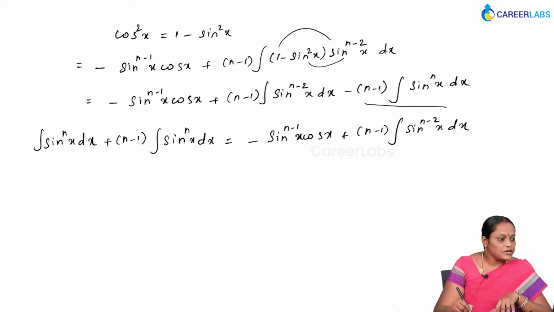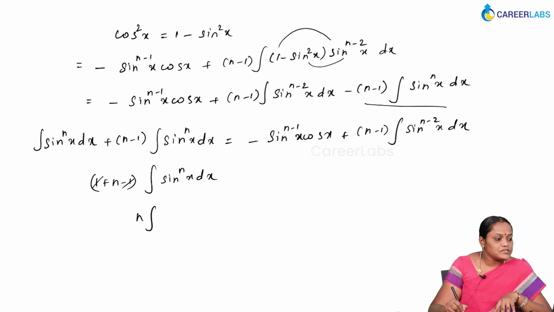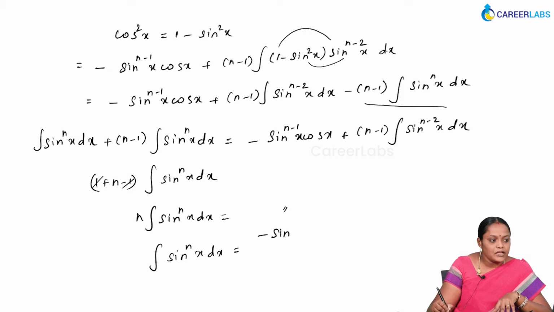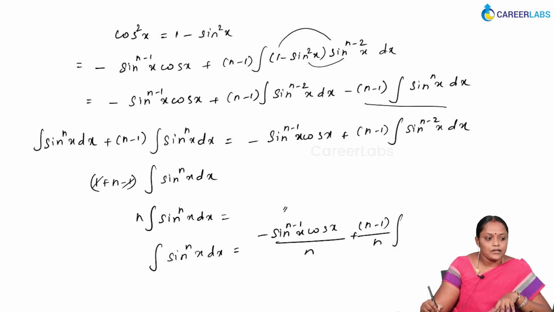So now if you take integral sin^n x common, this will be 1 plus n minus 1 times integral sin^n x dx. 1 will get cancelled and the remaining will be n into integral sin^n x dx. Same way on the right hand side you have the same expression as it is. Therefore the integral sin^n x dx will be equivalent to minus sin^(n-1) x cos x divided by n plus n minus 1 divided by n integral sin^(n-2) x dx.